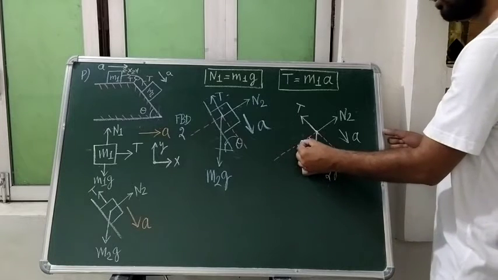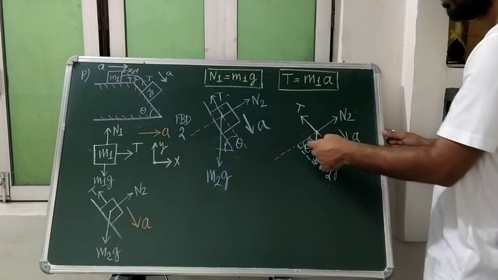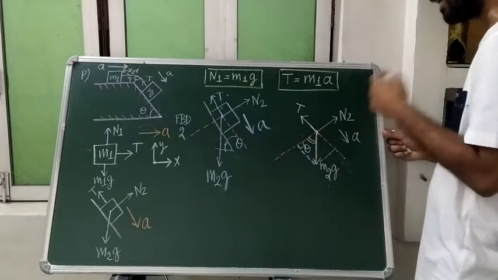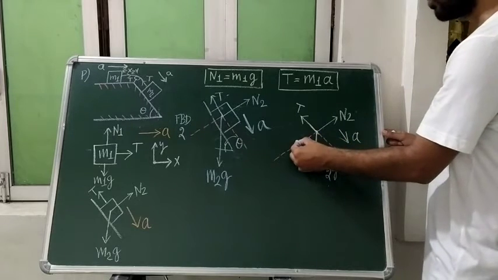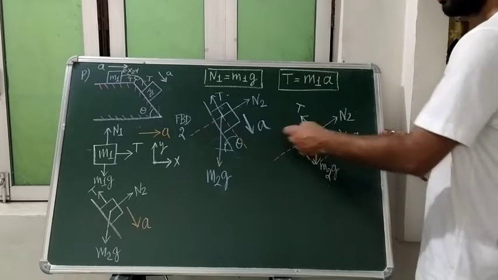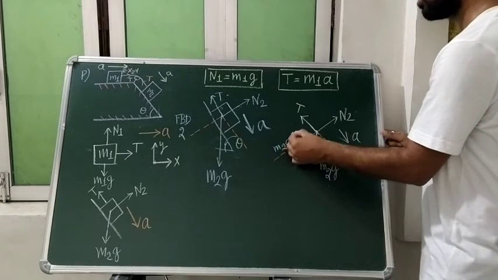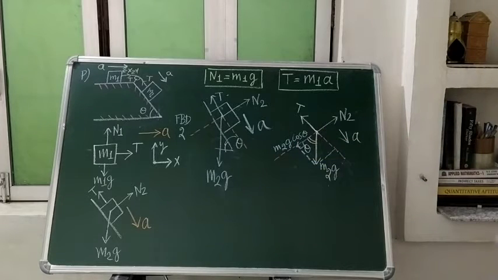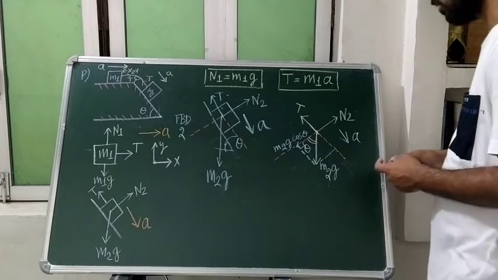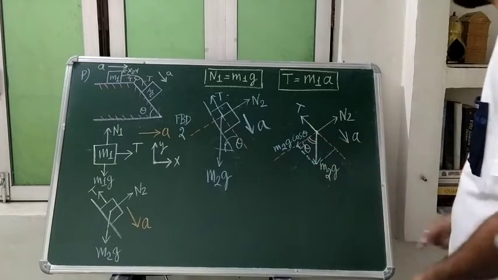So I have told you, this is the side where we are getting theta. So this will become what, student? M2G cos theta. Oh, I'm sorry. M2G cos theta will come in this direction.